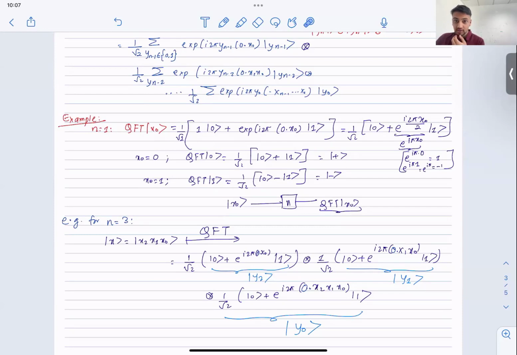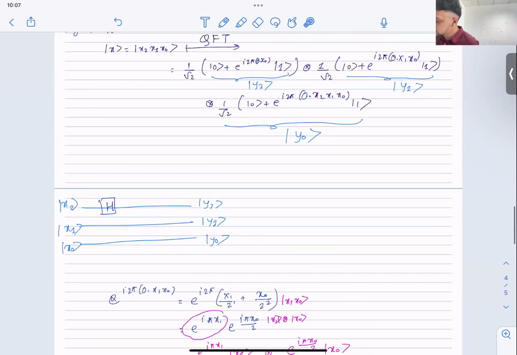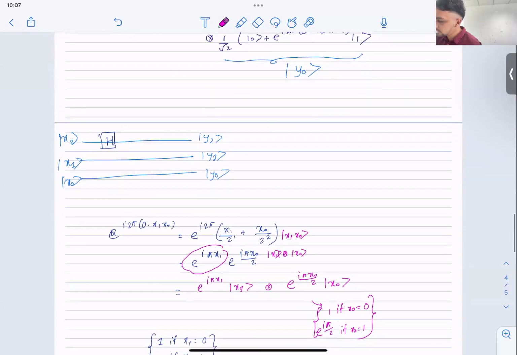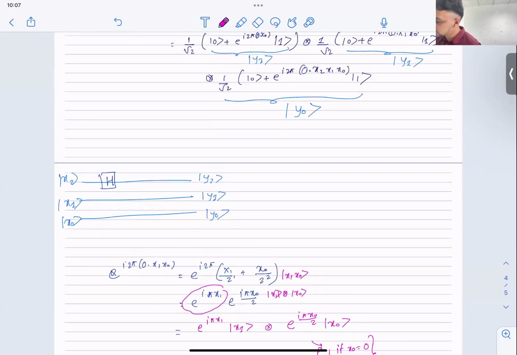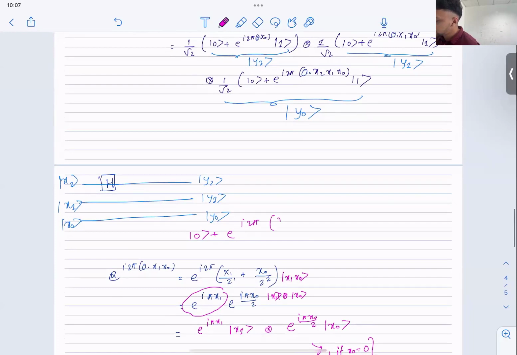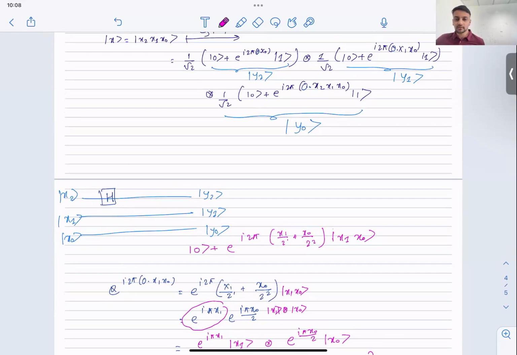So when you have the sum, this picture is missing here, because what I need to get to is the 0 plus e to the i 2 pi, x1 over 2 to the 1 plus x0 over 2 to the 2, x1 x0 state.